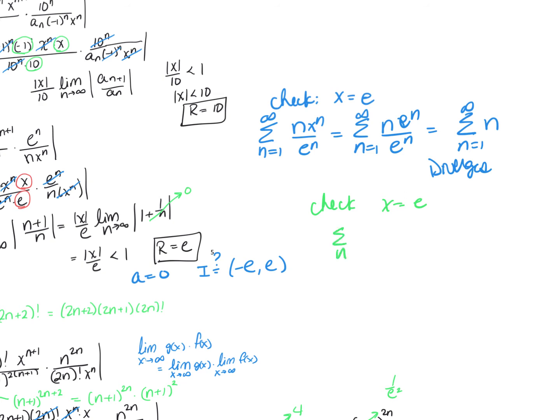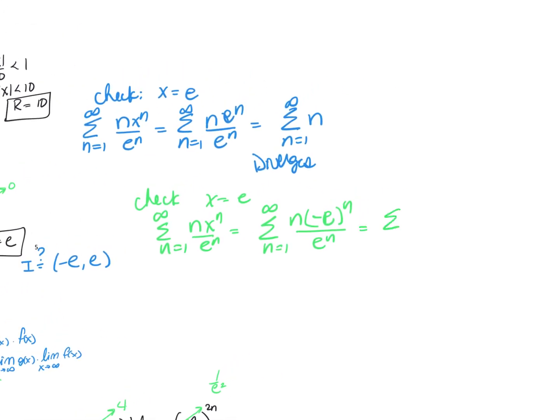So I have the summation of n equals 1 to infinity of n x to the n over e to the n, which is going to be equal to the summation, which I went wild and crazy on that. The summation of n equals 1 to infinity of n, oh wait, it's negative e, negative e raised to the n over e to the n.